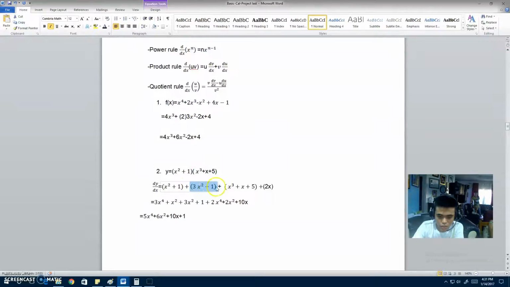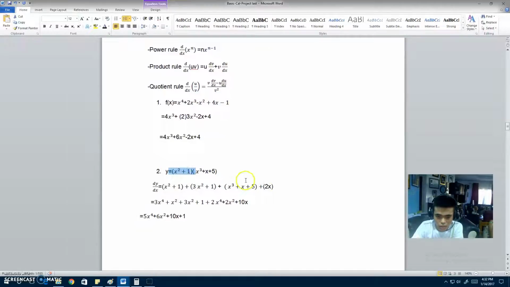You just need to do it like the power rule, just follow the power rule, and then on the other side you need to copy the v. Since this is the v, just copy this one, then find the derivative of this one.